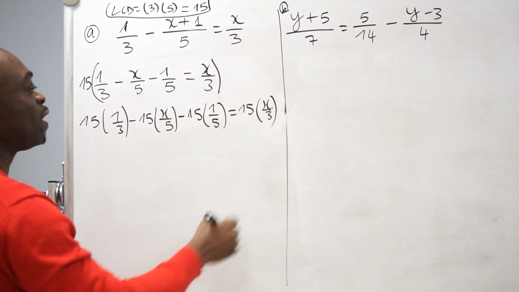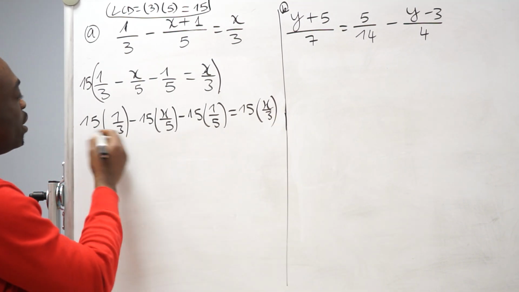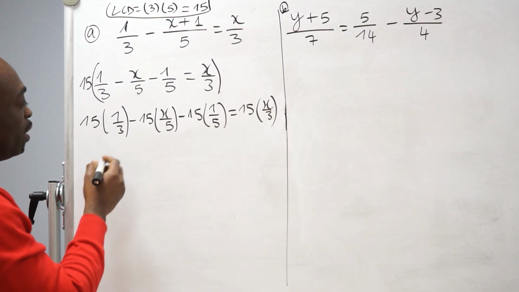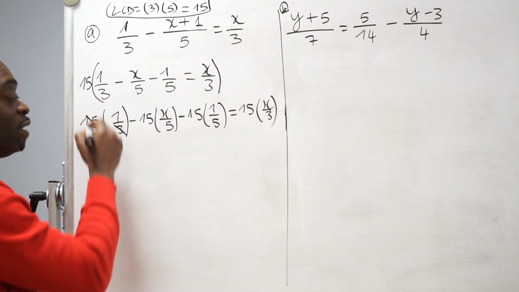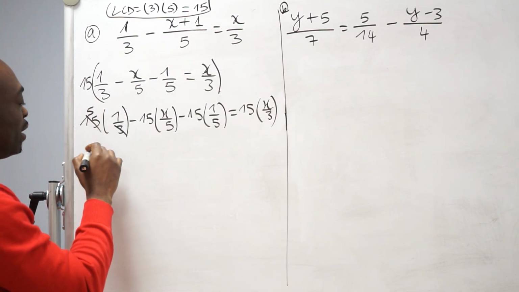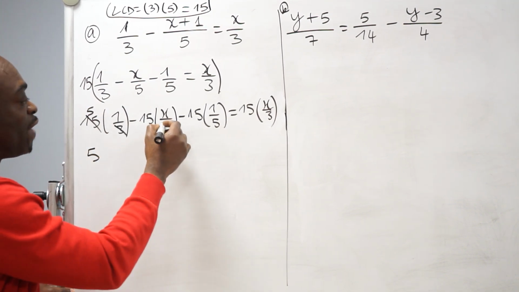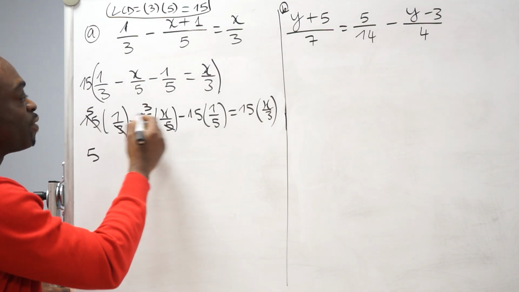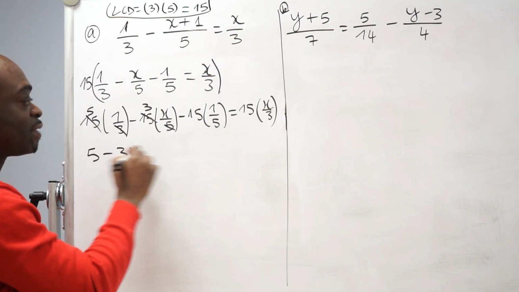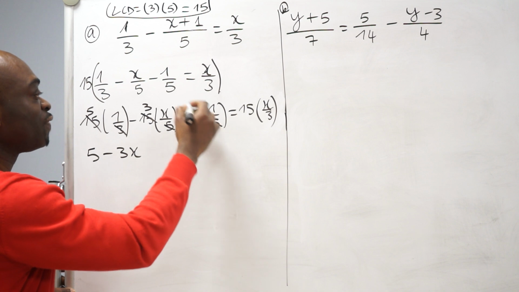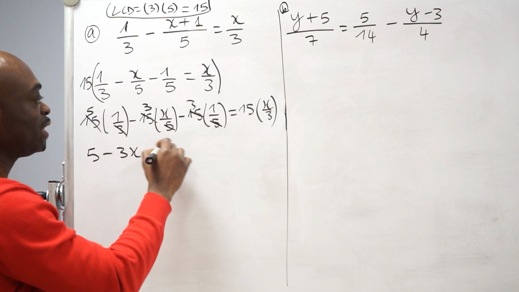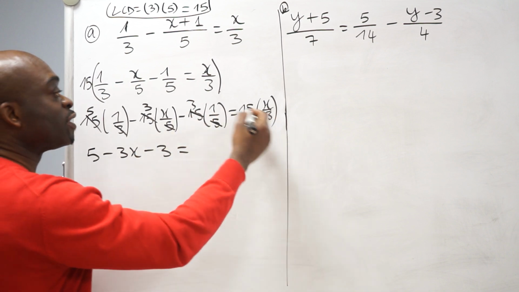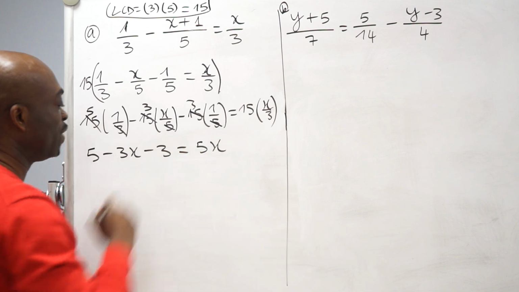So what's happening here? 15 times 1 over 3: 3 goes into 15 5 times, so 5 times 1 is 5 for the first one. 5 goes into 15 3 times, so negative 3x. 5 goes into 15 3 times, so negative 3. And then on the right, 3 goes into 15 5 times, so you end up with 5x.